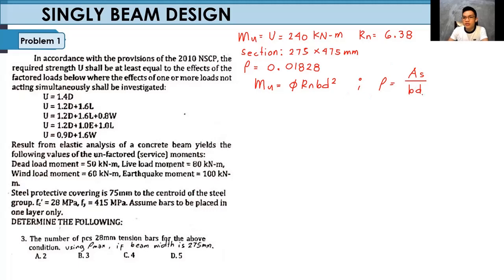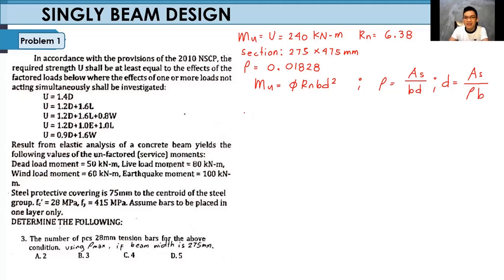So, we will be substituting the value of d coming from here para yung ating makukuha is yung area ng steel na lang. Okay? So, therefore, shift natin yung d sa kabila. d is equivalent to As divided by rho times b. So, substitute natin dito sa ating d. Okay? So, I think, kompleto na tayo.